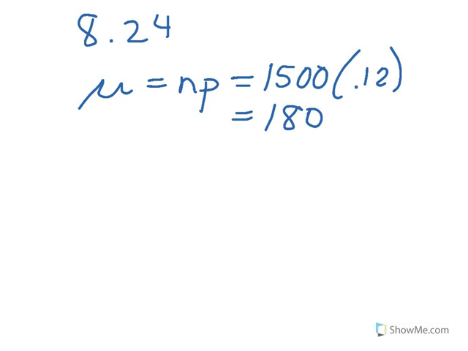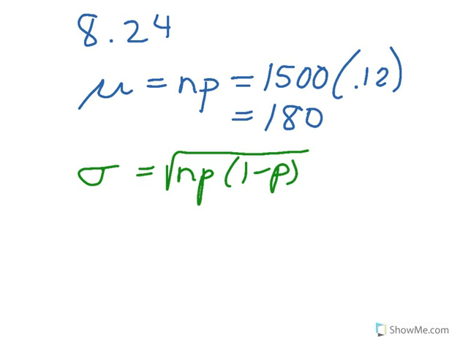What we don't know is how variable that number is. So to calculate that, we're going to use sigma. The formula for sigma is somewhat similar. It's the square root of n times p times 1 minus p. From the previous question, we already know what n and p multiplied together are. But we're going to basically say 1,500 times 0.12, just like before.